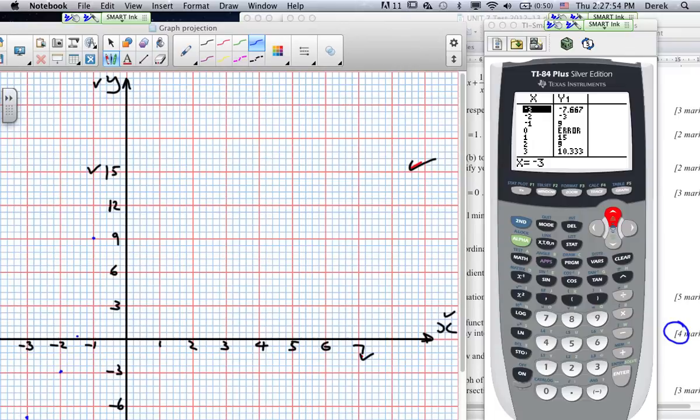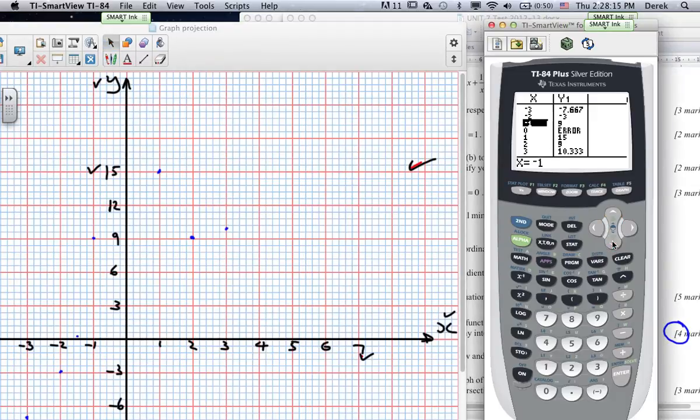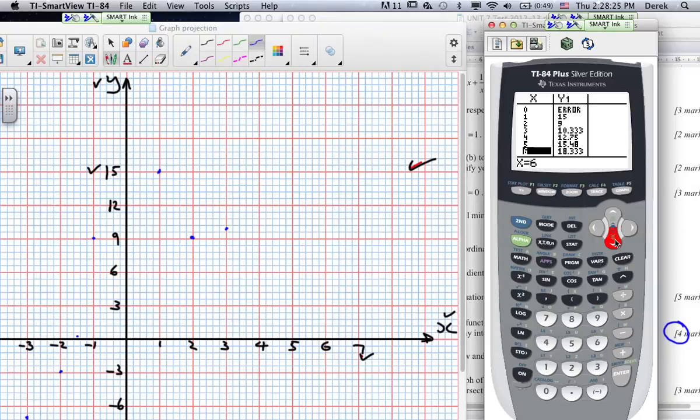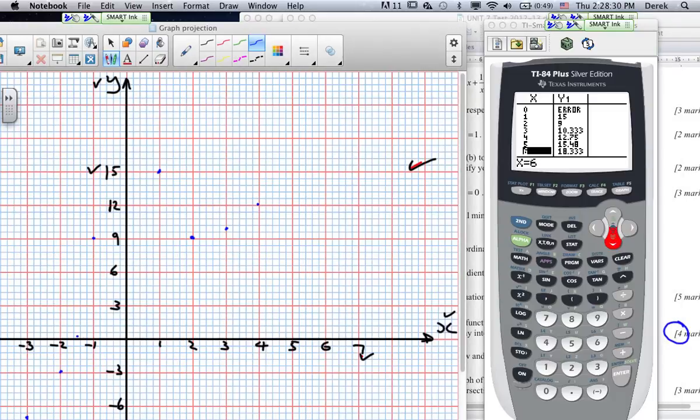We've got 1 is at 15. 2 is at 9. 3 is 10.33, so I'm somewhere around there. 4 is 12.75, just above 12 over there.